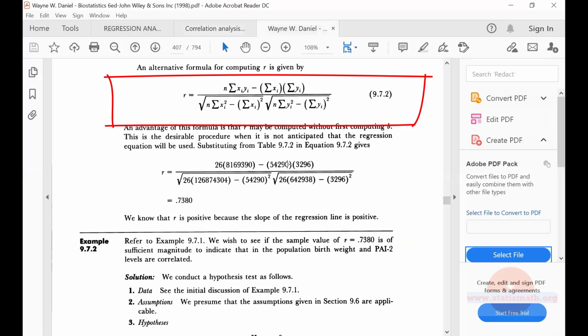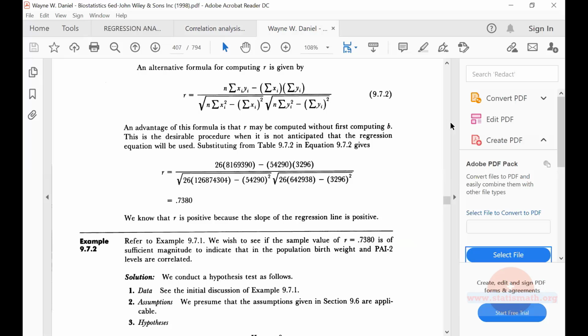So everybody take down this formula. This is the formula to calculate the correlation coefficient. Write down this formula given in the equation. The Pearson correlation coefficient between x and y is given by r, the sample correlation coefficient.